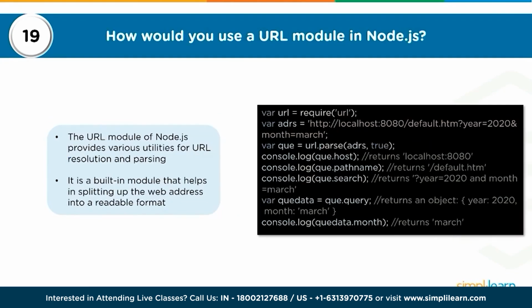So how would you use a URL module in Node.js? With a URL module, what it allows you to do is really two things. One is that it provides the resolution and parsing of a URL for utilities in your application. And then it allows you to extend your module with built-in solutions and split up the web address into a readable format.